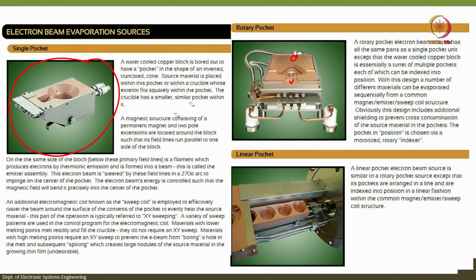So, let us read the first one, which is the single pocket. A water cooled copper block is bored out to have a pocket in the shape of an inverted truncated cone. Source material is placed inside, okay, within a crucible whose exterior fits squarely within the pocket.